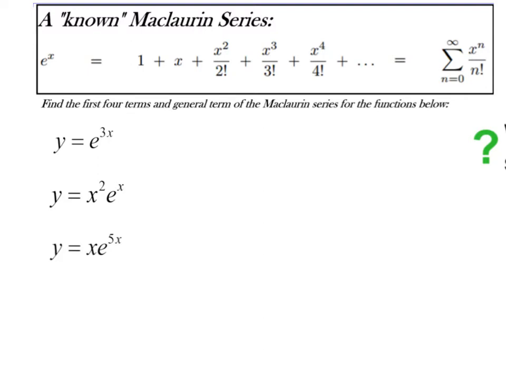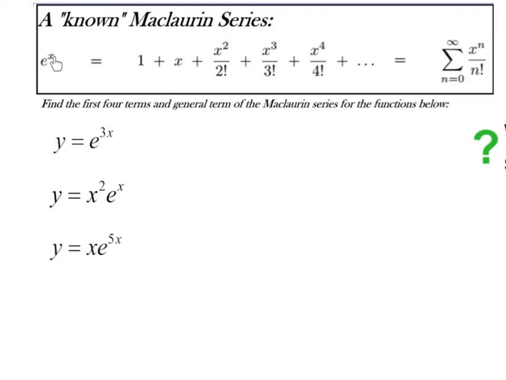So a known Maclaurin series, one that you should know or should commit to memory if you don't know, is e to the x. And these are the first few terms, and this is the general series: x to the nth power over n factorial. So to find the first four terms for e to the 3x, all we do is substitute. Where there was an x, we make it a 3x.